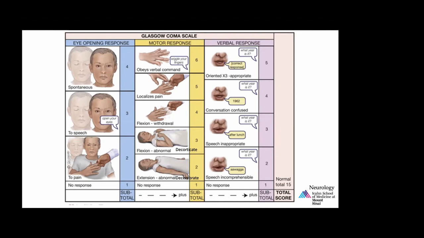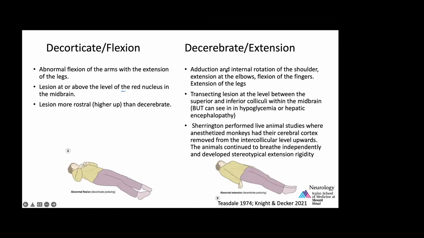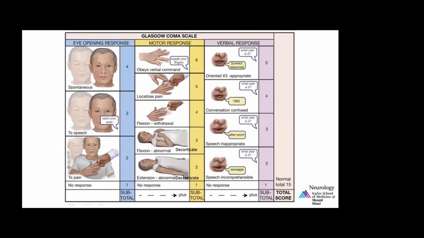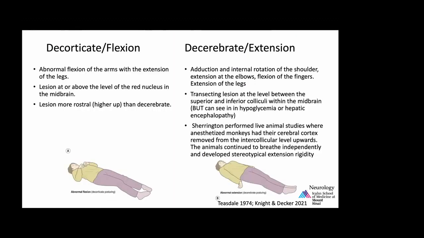And then decerebrate is the extension, where the arms are extended and kind of to the side, with the wrists actually flexed and the legs extended again. And so just briefly, decorticate, that's a 3. And then decerebrate is a 2. So remember, as we get lower, we're kind of worse.